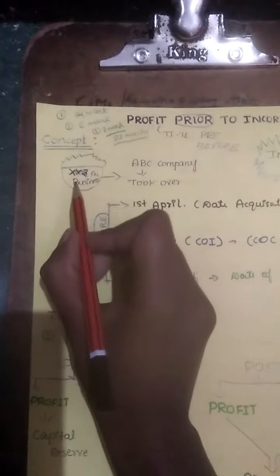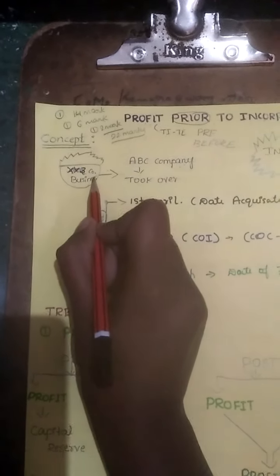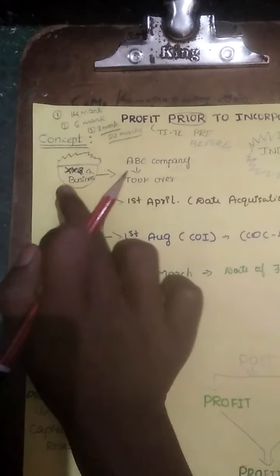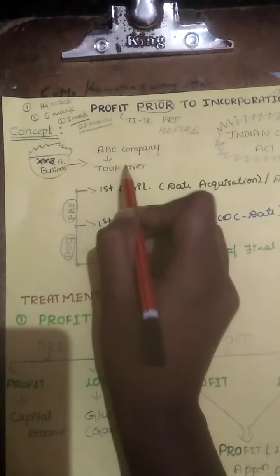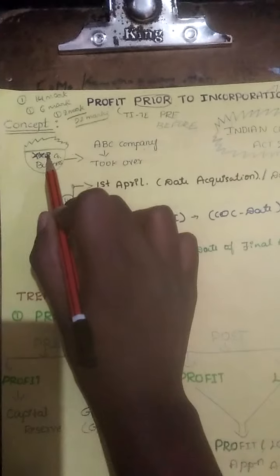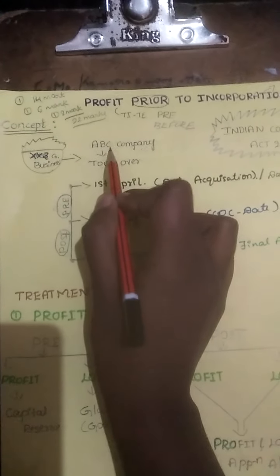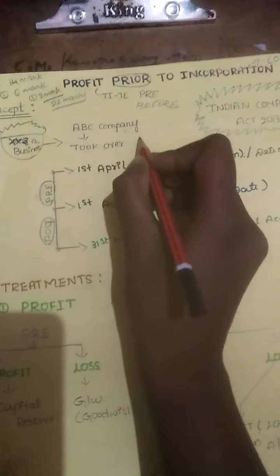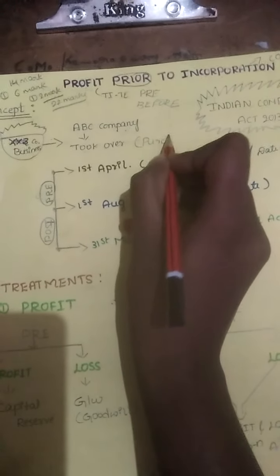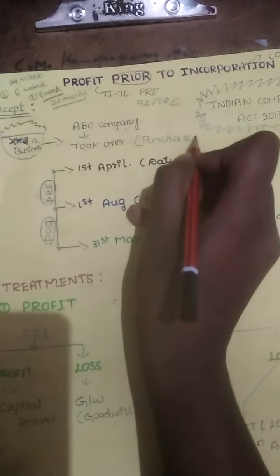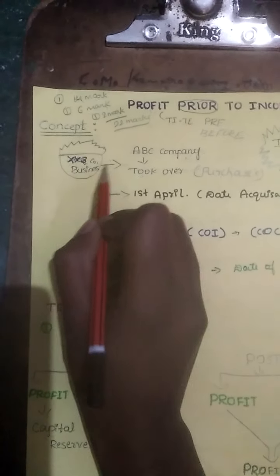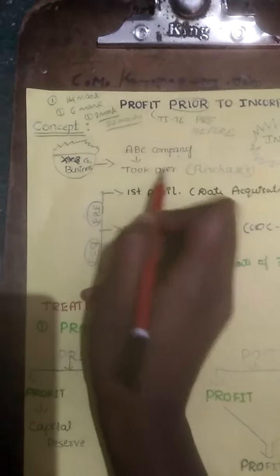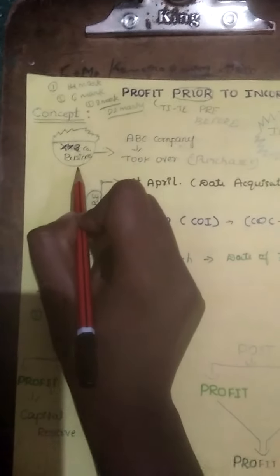For example, there is an XYZ company, and ABC company took over this XYZ company. Means ABC company purchased the XYZ company.